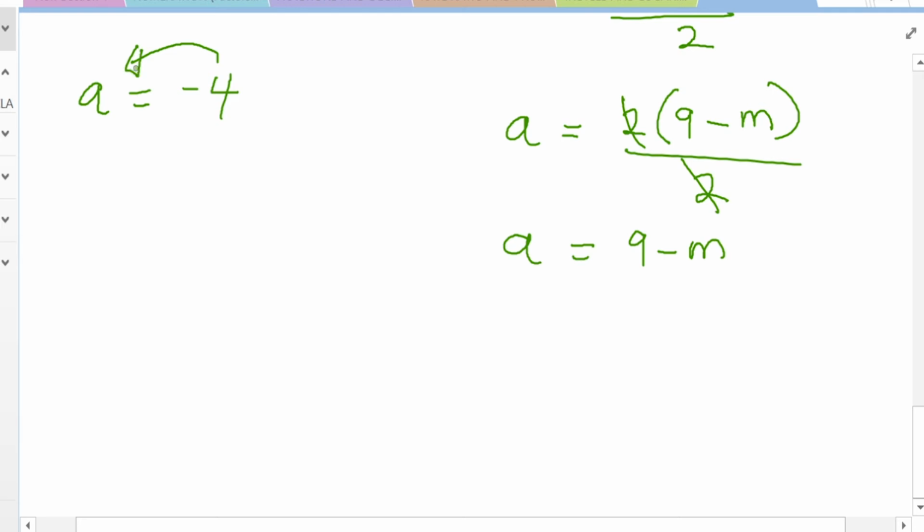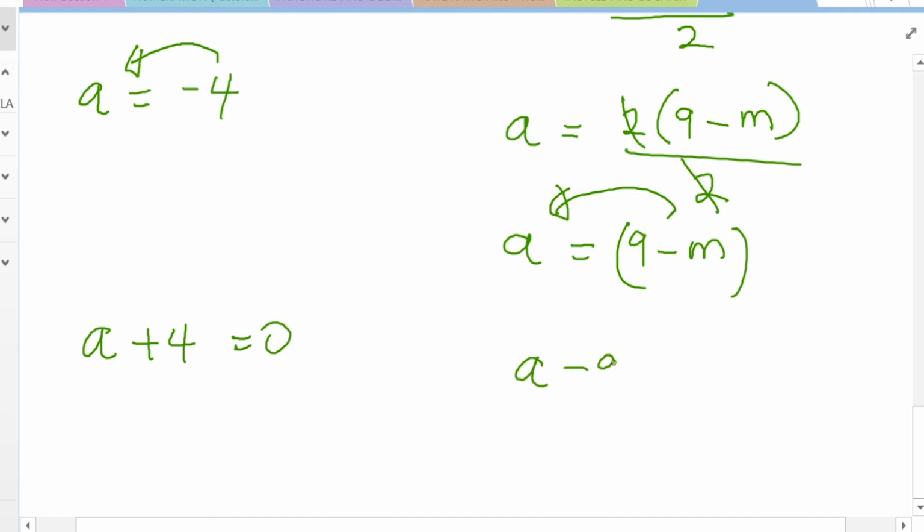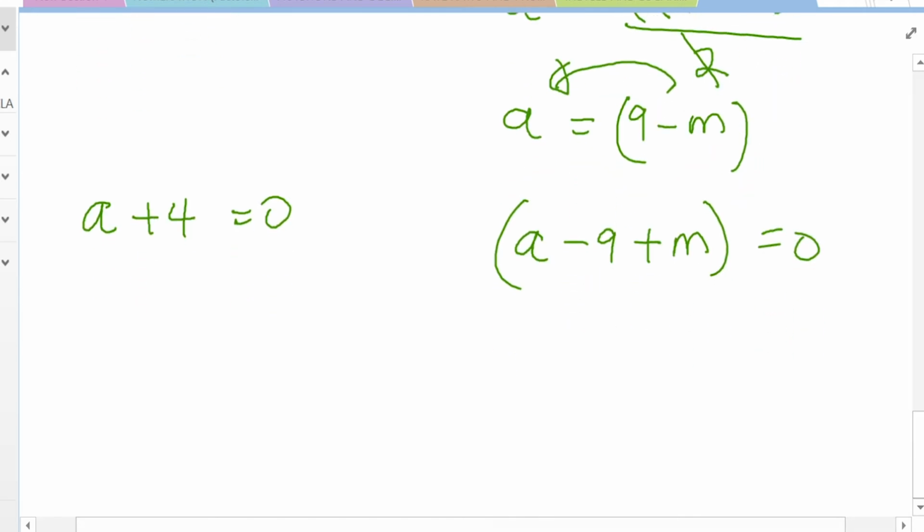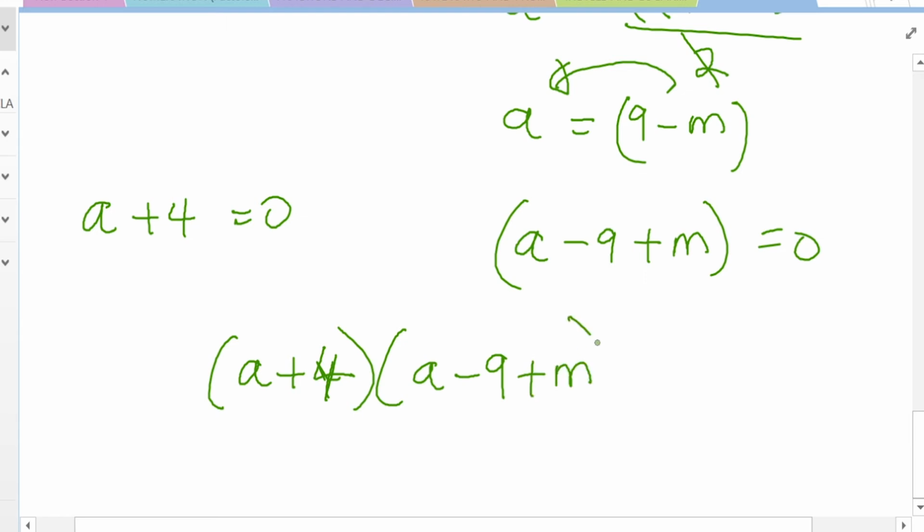When the negative 4 goes that side, we have a plus 4 being equal to 0. And also on this side, when this comes that way, we have a minus 9 plus m being equal to 0. So it means that factorizing that expression, we have a plus 4 in one bracket and a minus 9 plus m in another bracket.